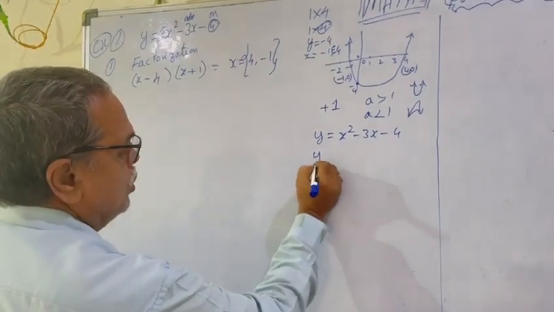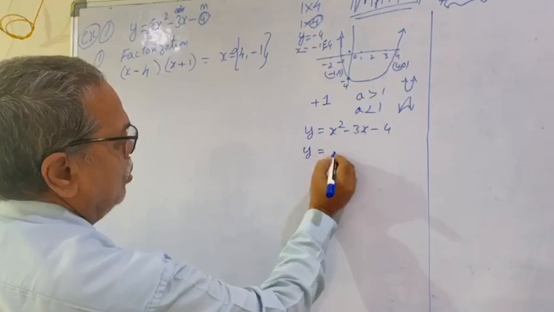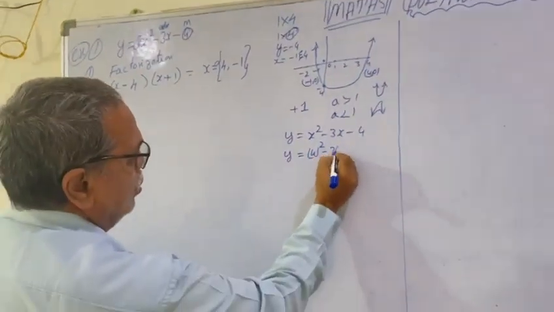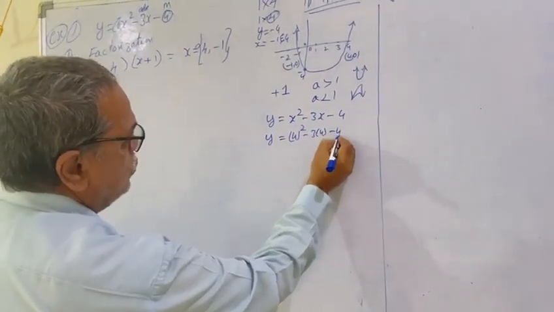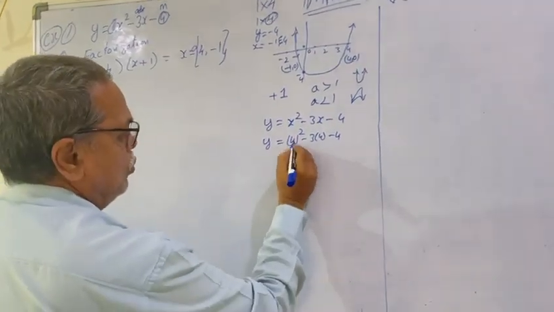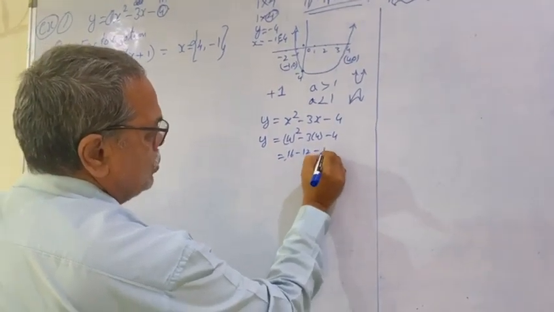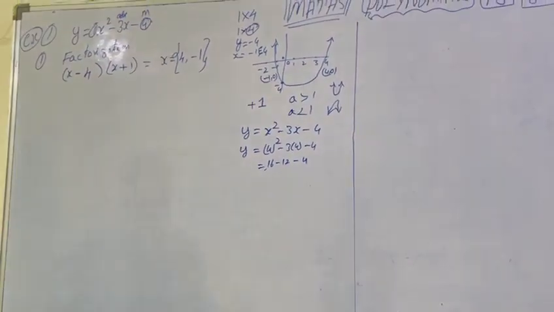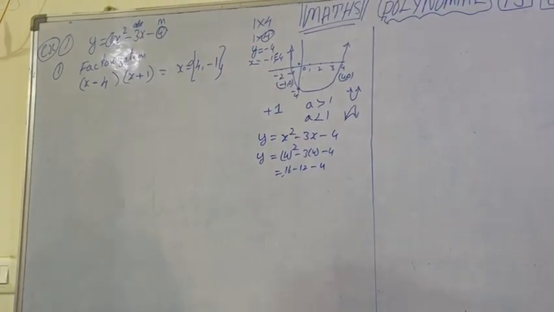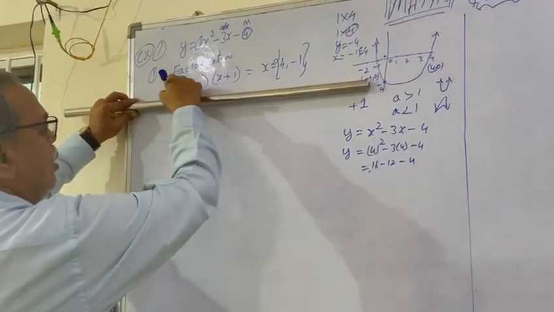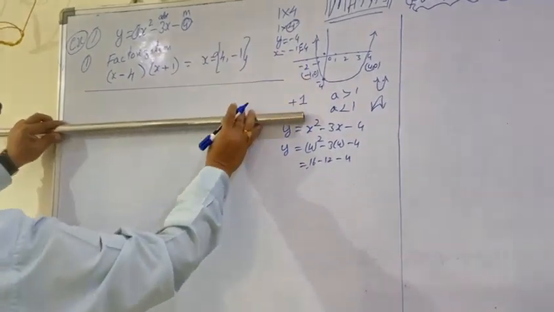Y is equal to, suppose x is 4: 4 square minus 3 into 4 minus 4. What is that? 4 4s are 16 minus 12 minus 4.